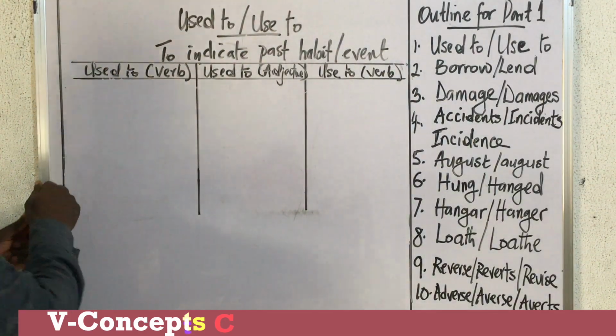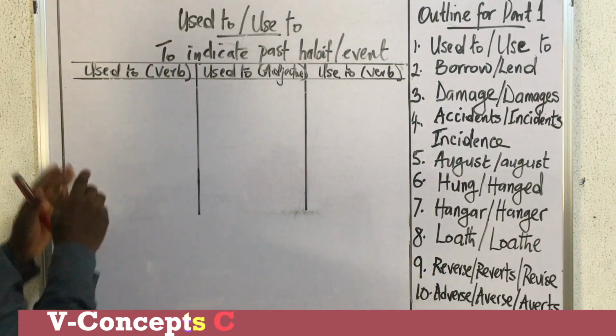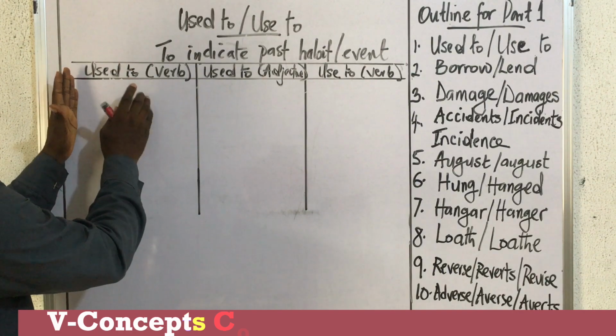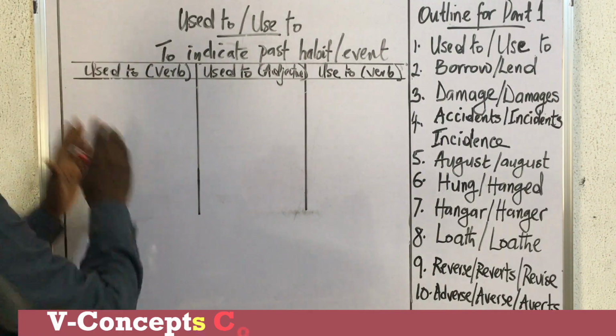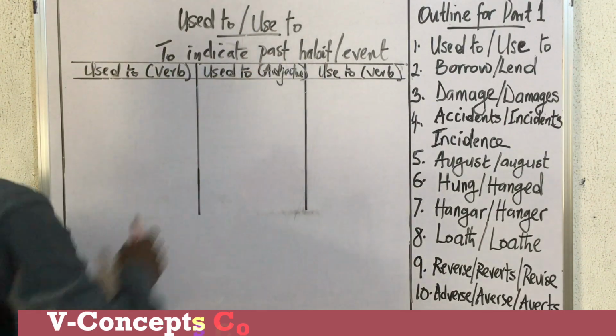Now, take note that the word used to has a regular form. The regular form of this word is that it serves as a verb. When you want to use it as a verb, it's going to indicate past action.